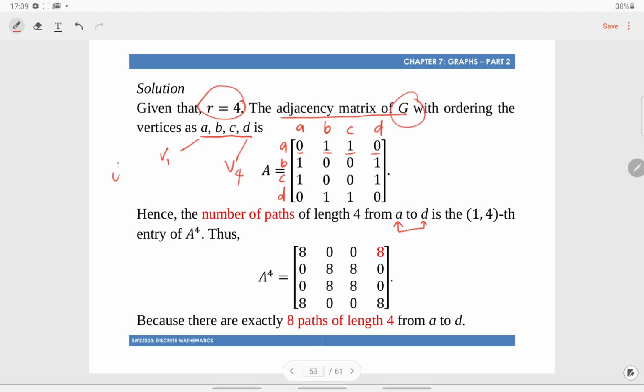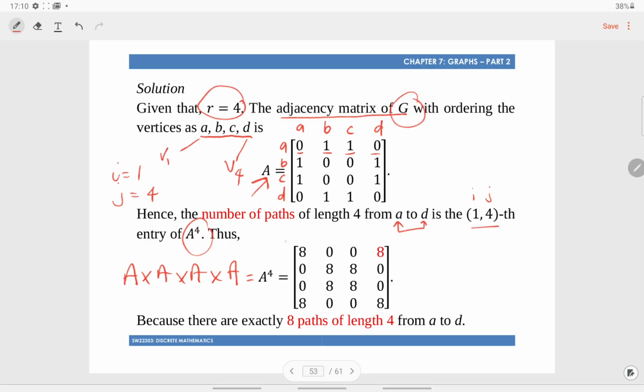From that, we know that i equals 1, j equals 4. So the number of paths of length 4 from A to D is the entry at position 1, 4 of A to the power of 4. When we multiply this matrix A four times, A times A times A times A, the outcome is A to the power of 4, where 4 is r.